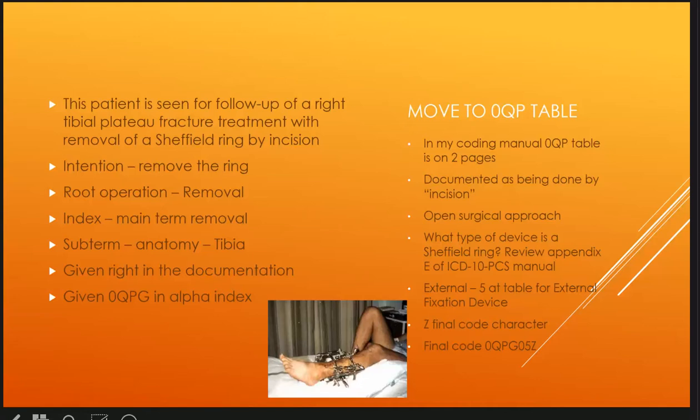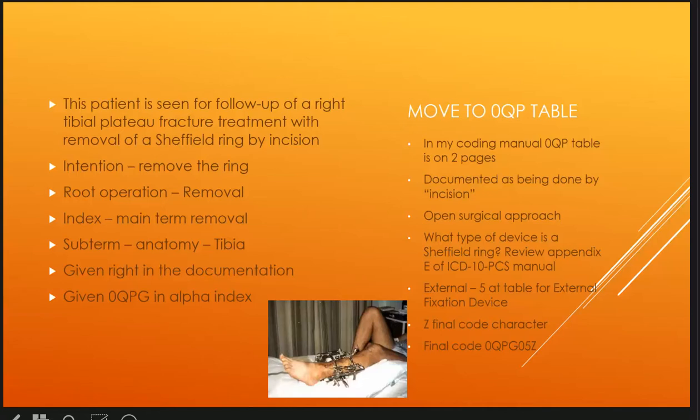Then the subterm is going to be your anatomy. Where is this removal taking place from? It's taking place from this patient's tibia. And you also know which leg, in this case right. So when you go removal tibia right, you are given 0QPG in the alpha index.